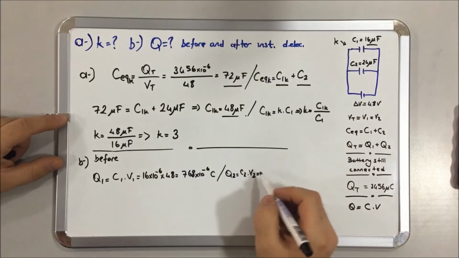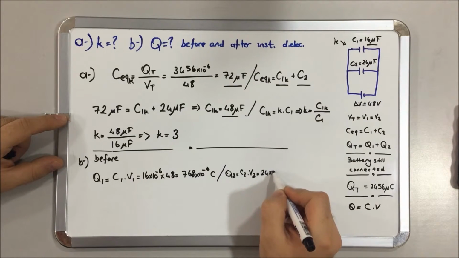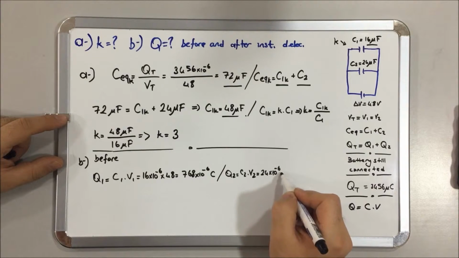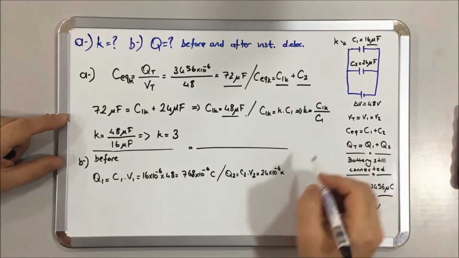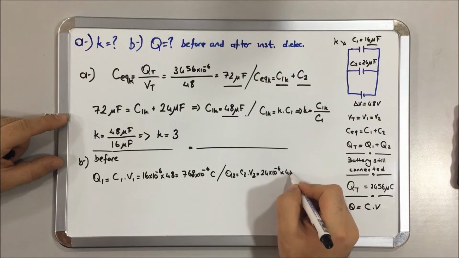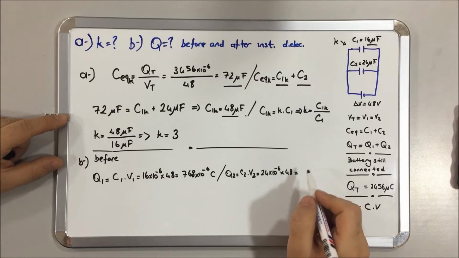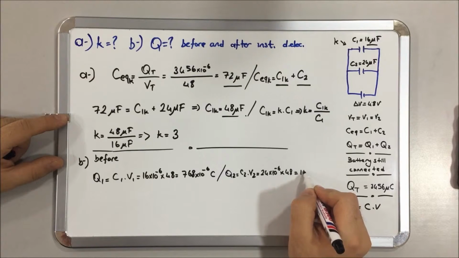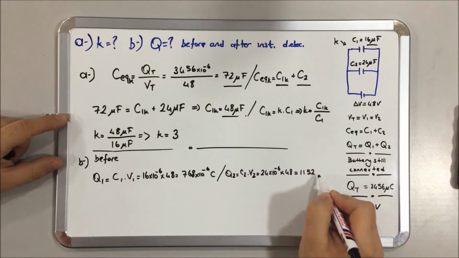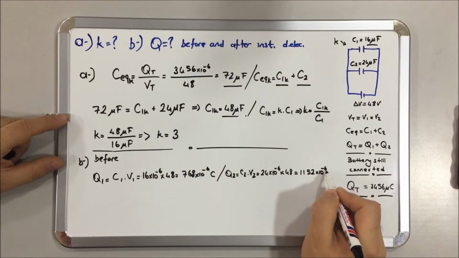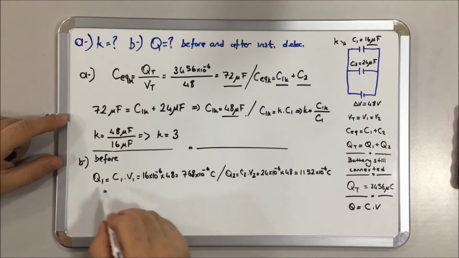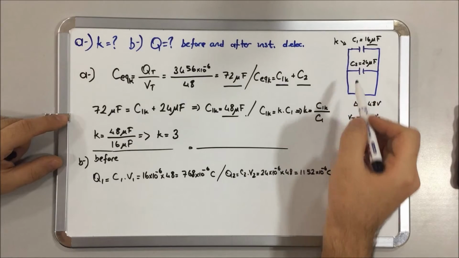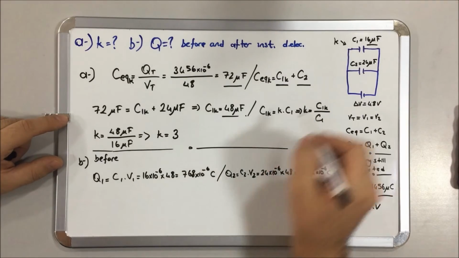And C2 is 24 times 10 to the power of minus 6 times V2, which also equals the total potential difference, 48. So the result will be 1152 times 10 to the power of minus 6 coulomb. And this is the charge of each capacitor's plate before inserting dielectric.